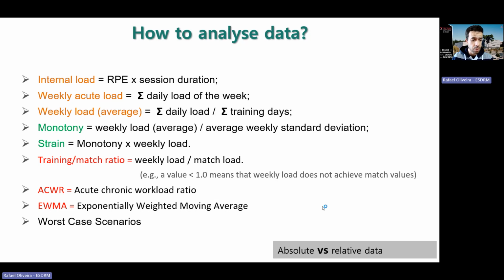Sometimes it is inferior to a match, which is maybe on purpose, but sometimes maybe not. So this should be considered as well. And we also have the acute chronic workload ratios, or if you prefer, the exponentially weighted moving average, and also the worst case scenarios, which usually analyze the most demanding phases of a match.